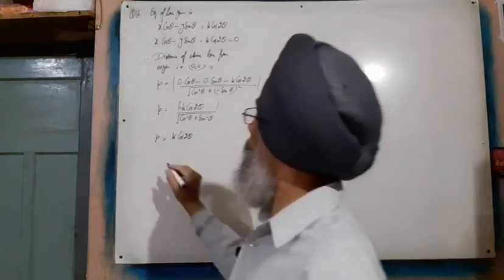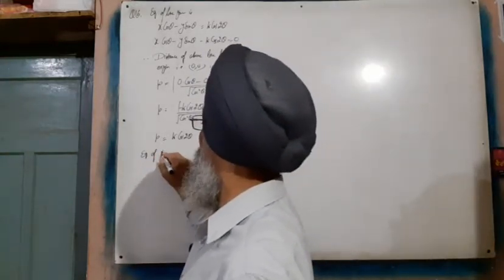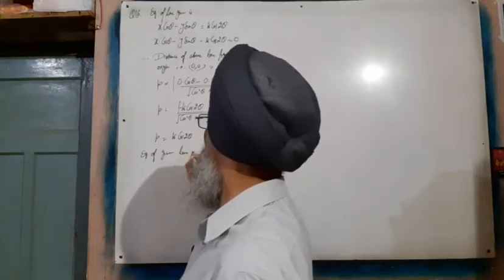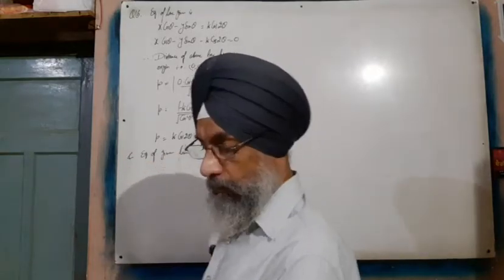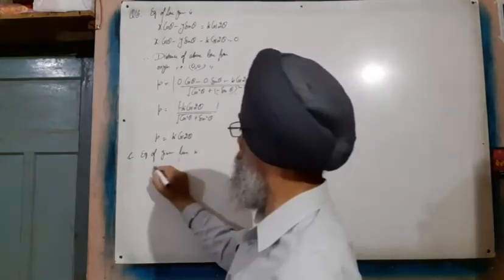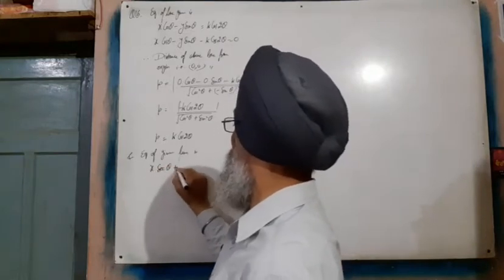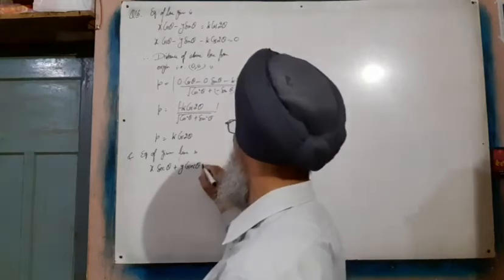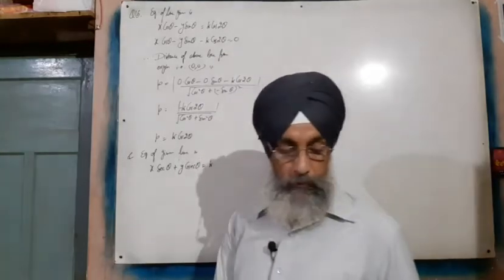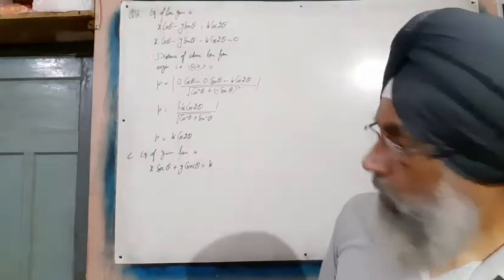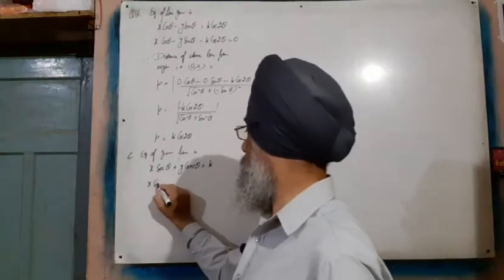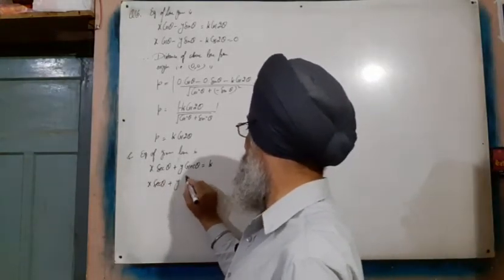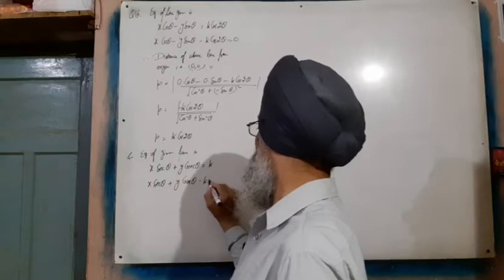Now, the equation of the second line given to us is x sec theta plus y cosec theta is equal to k. So, x sec theta plus y cosec theta minus k is equal to 0.